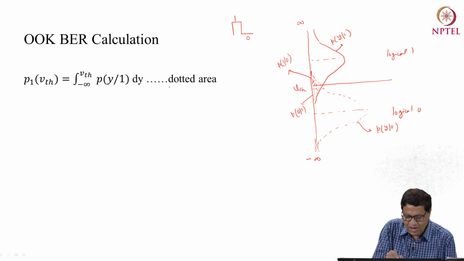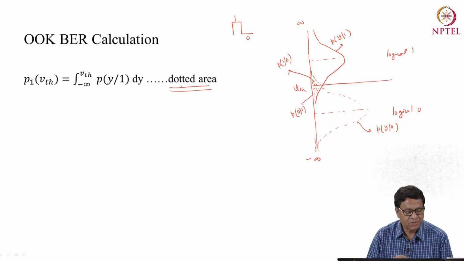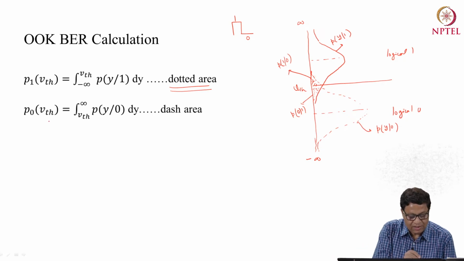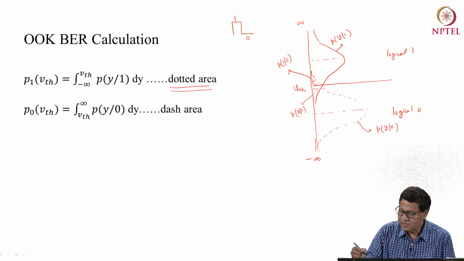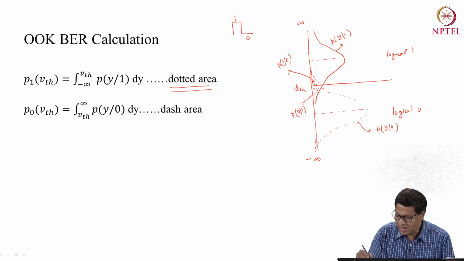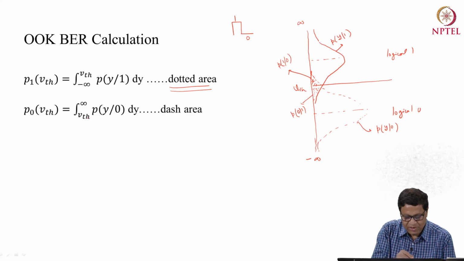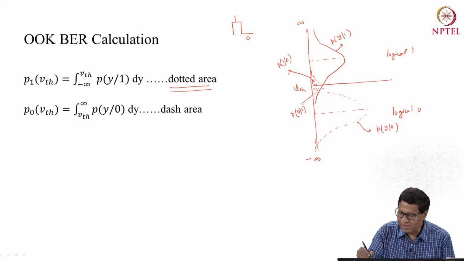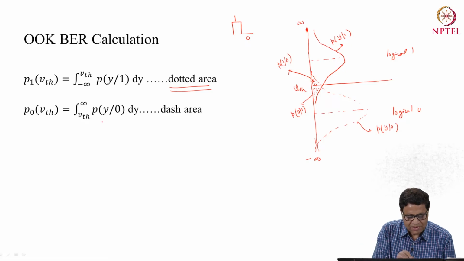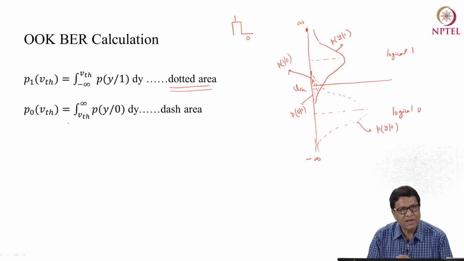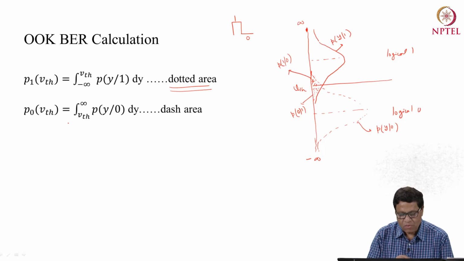So this dotted area is the error part, denoted by P1(VTH). Similarly for 0, P0(VTH) is the dash area, somewhere here, which goes from VTH all the way to infinity. So this dash area is the probability in the 0, and P1(VTH) is the probability in the 1.